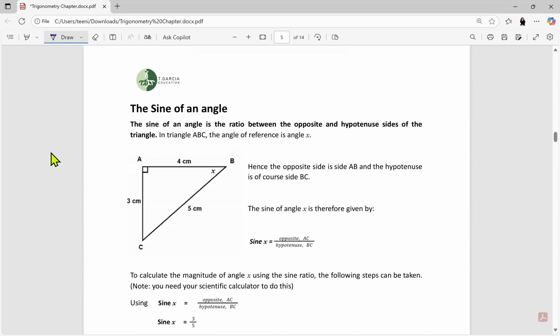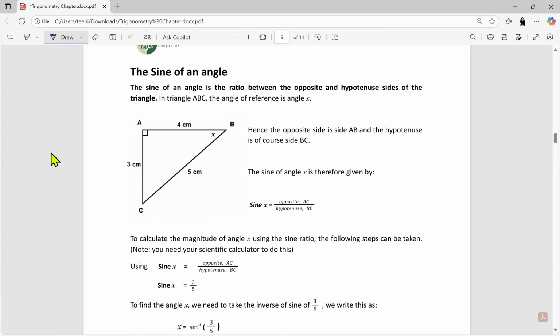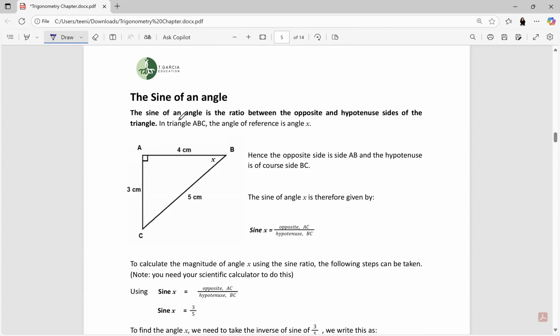Okay, so let's look at the sine of an angle. In this triangle ABC, we're going to look at what this really means. What is the sine of an angle? The sine is found by taking the opposite and dividing it by the hypotenuse. This question says calculate the magnitude, so calculate the size of angle x using the sine ratio.